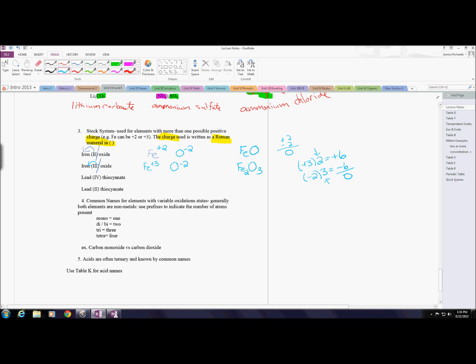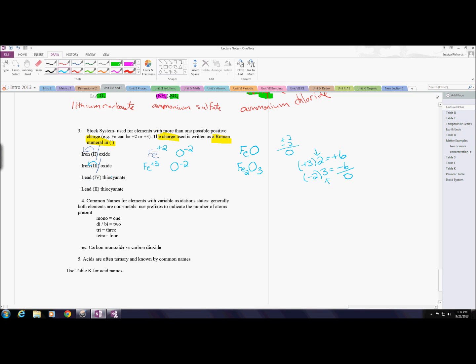Very similar names. The only thing that's different is the Roman numeral, which tells me the charge on the positive ion. Your total compound has to have a charge of 0. Very different formulas. Iron 2 oxide is just FeO. Iron 3 oxide is Fe2O3.